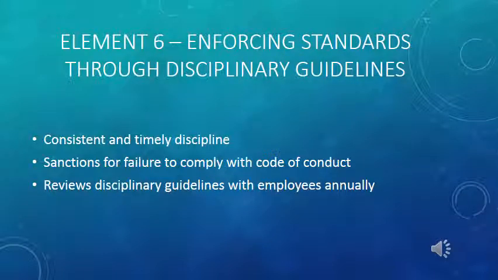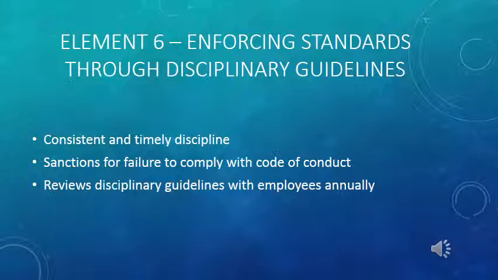The sixth element of an effective compliance program is to ensure consistent and timely discipline when an investigation confirms a violation. Disciplinary guidelines must be clearly written and describe the expectations and consequences for noncompliance.